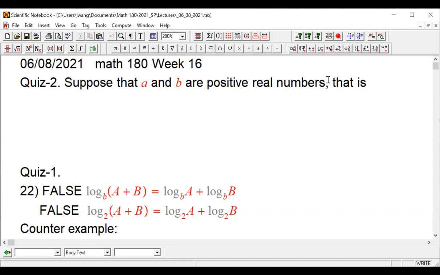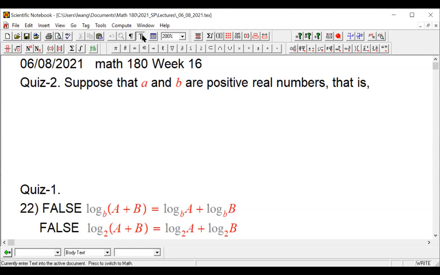That is, A is larger than 0, B is larger than 0. Additionally, A is larger than B. State if the following statements are true or false.